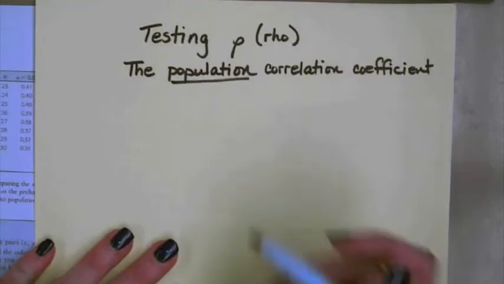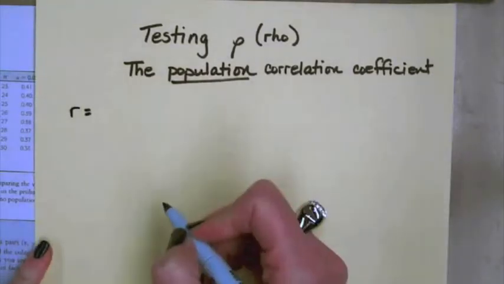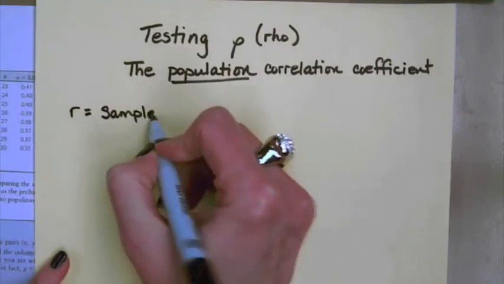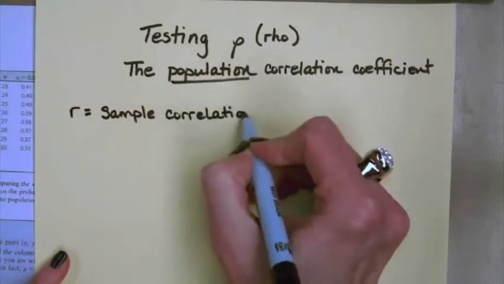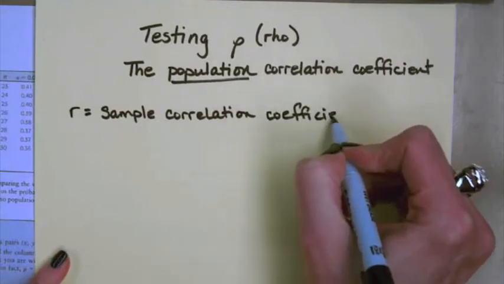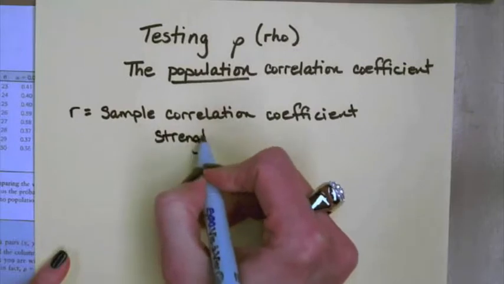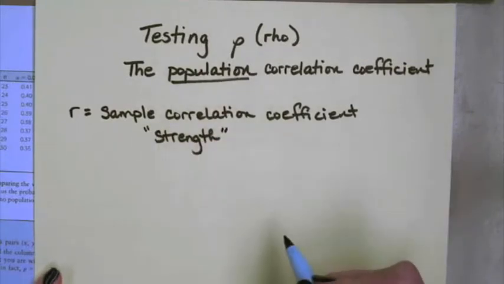Well, in 4.1 we learned to calculate the R value, or the sample correlation coefficient. And that gave us the strength of the correlation, right?